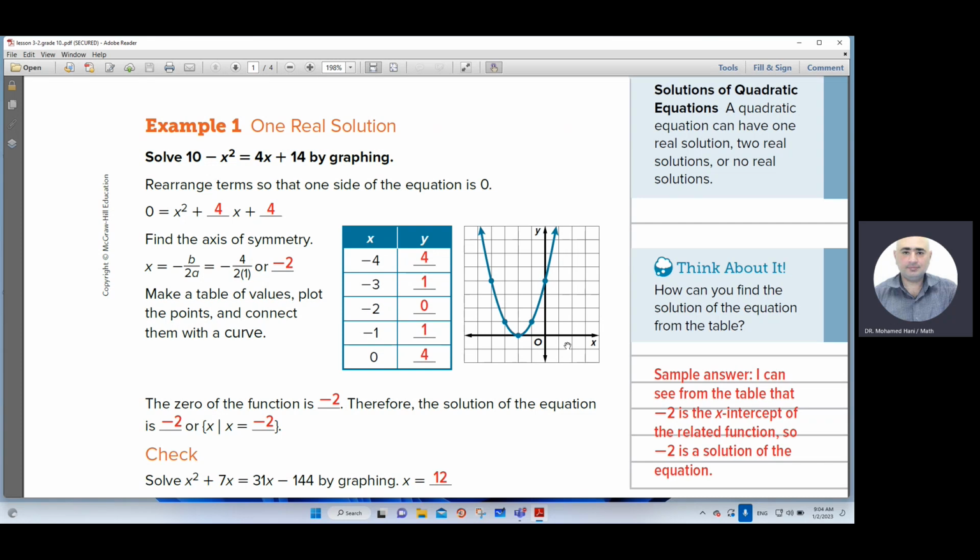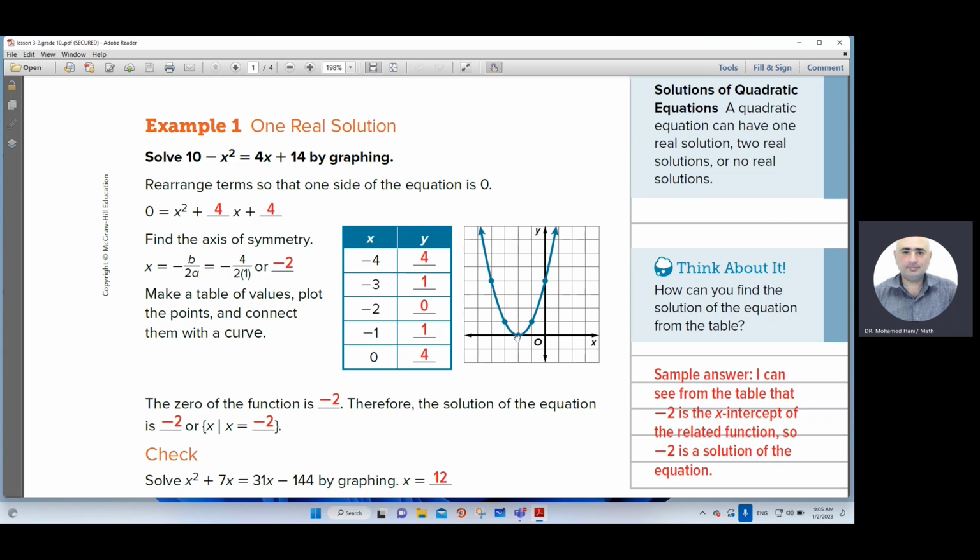We have 5 points, but what is the common point between the curve and the x-axis? We have just 1 point. As you see, this point is common between the curve of the function and the x-axis.